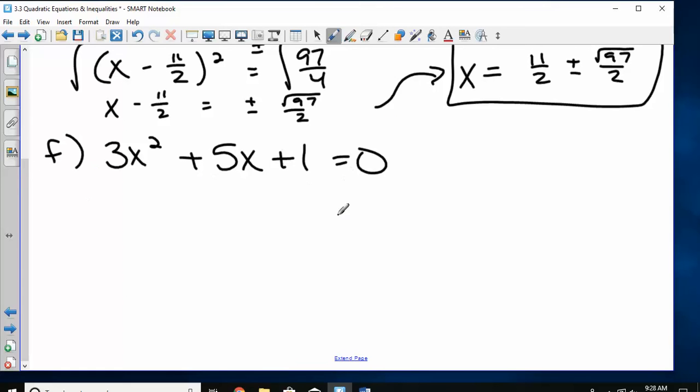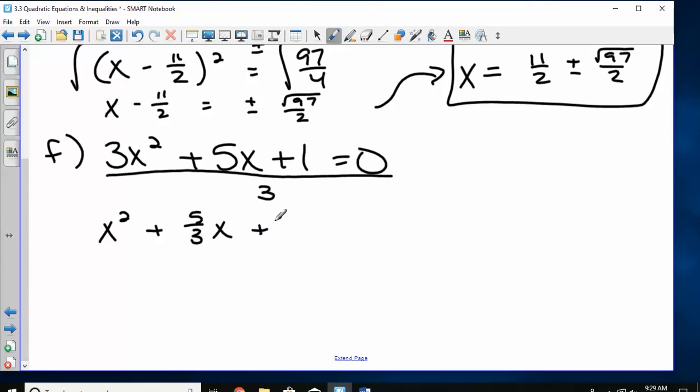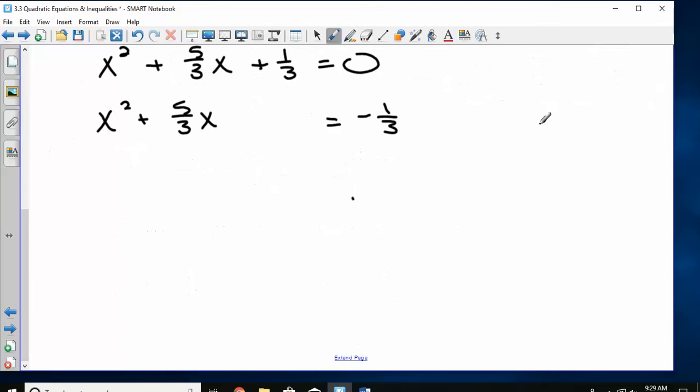All right, this one, first step, divide everything by 3. So we get x squared plus 5/3 x plus 1/3 equals 0. Subtract over your 1/3. So middle term is 5/3 divided by 2 squared. 5/3 divided by 2 is 5/6.